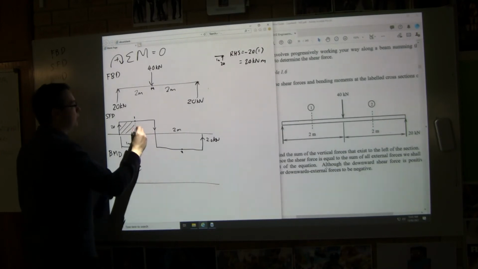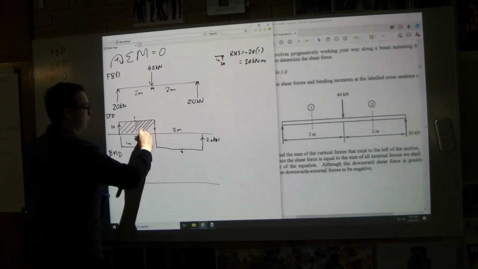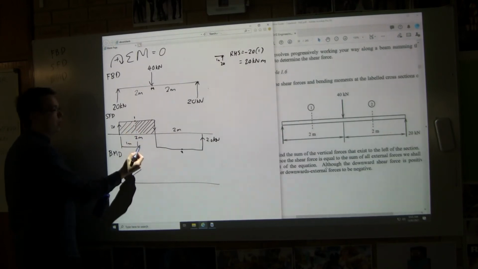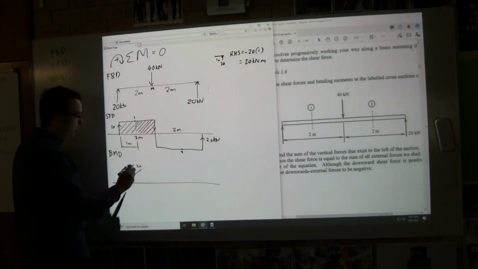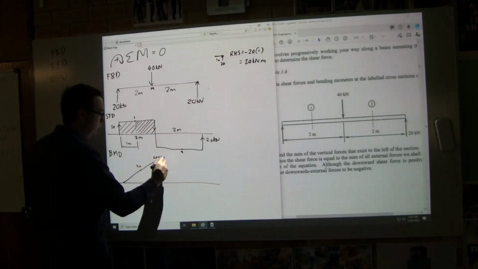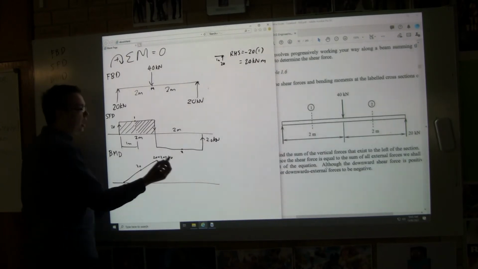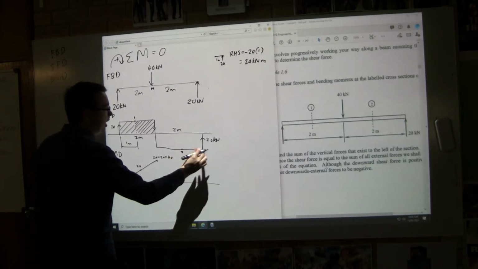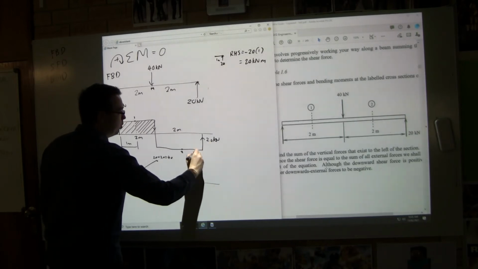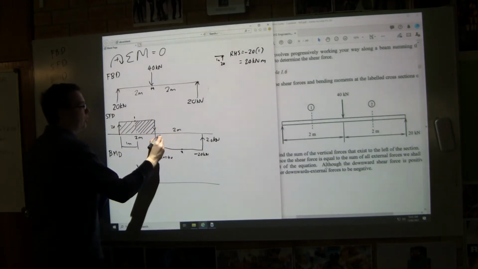Okay, and then we're going to add this area. I'm going to draw that with double the lines, just to make it clear that it's a different area. So this area here is going to be, again, 1 meter times 20. So if we add that, what we get is 20 plus 20 equals 40. Now, down here is actually negative 20. This location here, this depth, it's actually negative 20. So what's the area of this whole block?